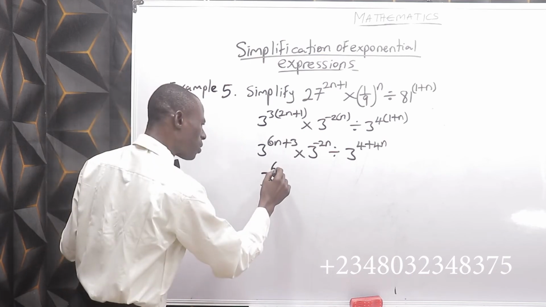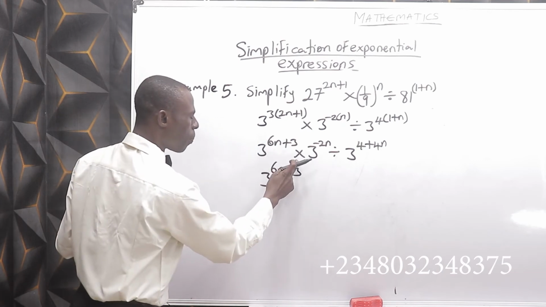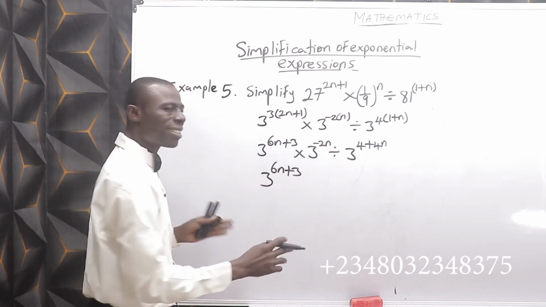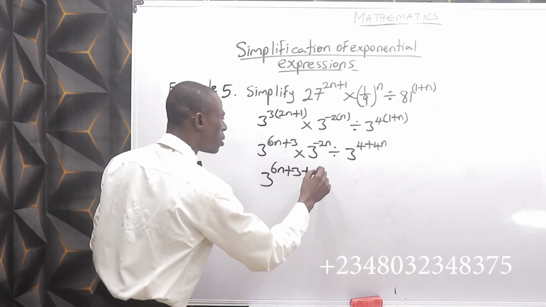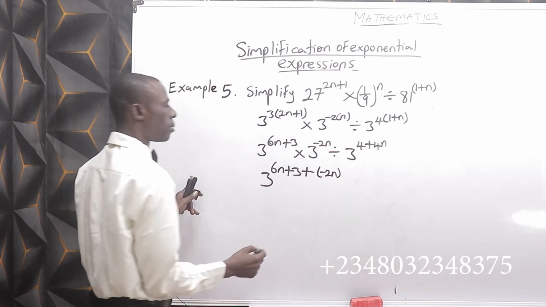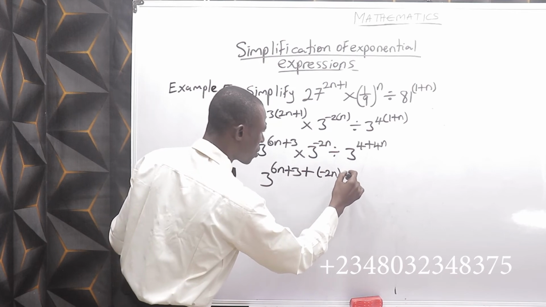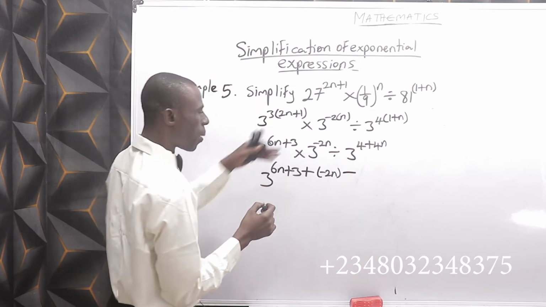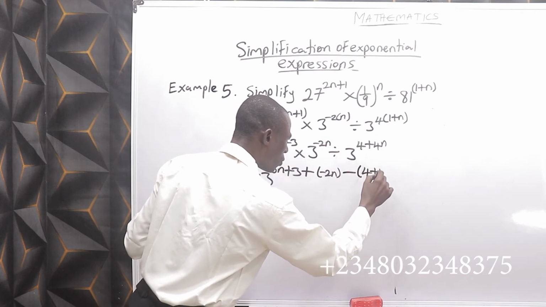You now have 6n plus 3. In the place of multiplication, you write addition in the power area. Addition, minus 2n. In the place of division, you write subtraction in the power area. Open the bracket, 4 plus 4n.